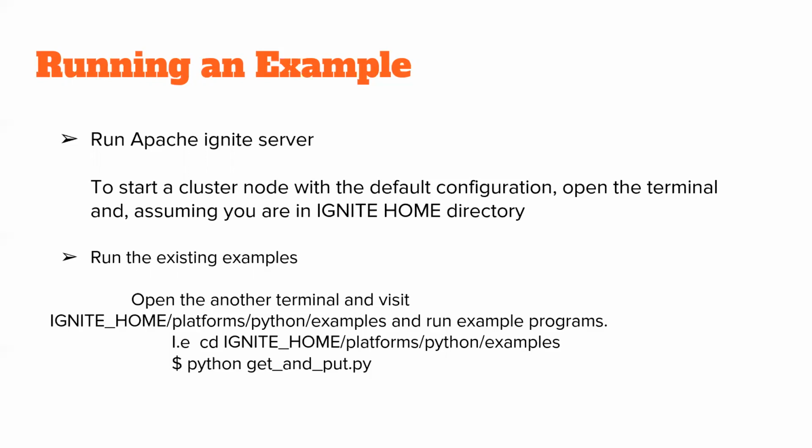Open the terminal, assuming you are at Ignite home, that is the Ignite installation folder, and here your cluster will be started. At the same time, open another terminal and run the existing program given by the distribution as shown here for better understanding. By such a process, Apache Ignite gets carried out and you can use it based on your purpose as you go. That's it for Apache Ignite.